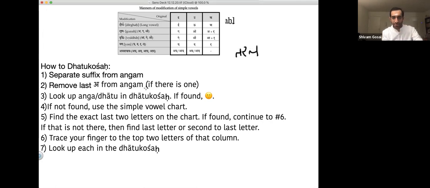Actually, I'm going to choose a different one. This one's going to be a little bit harder. Let's do shochati. This one is slightly different, a little bit more complicated.